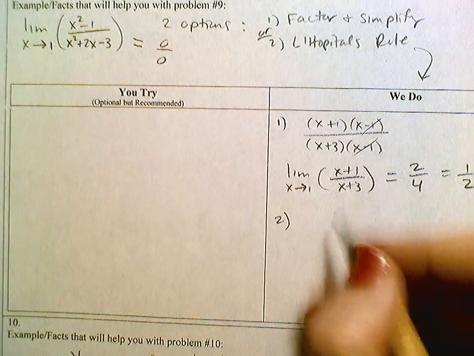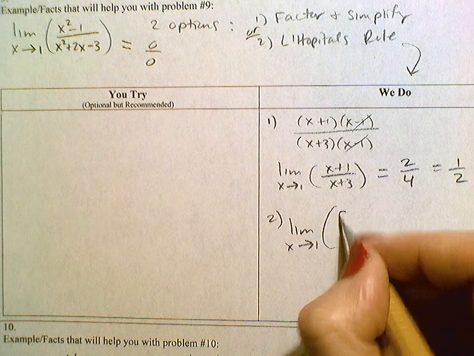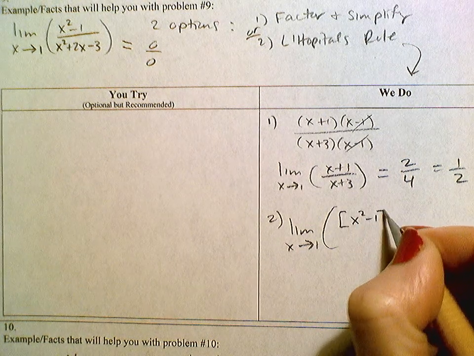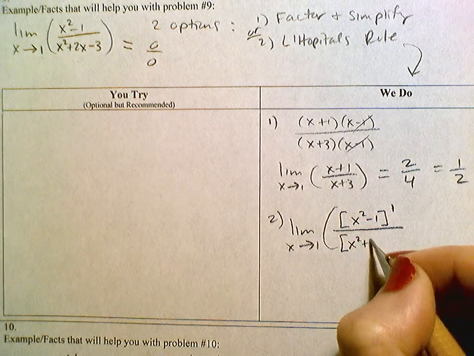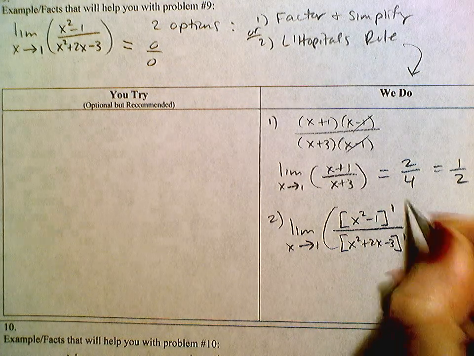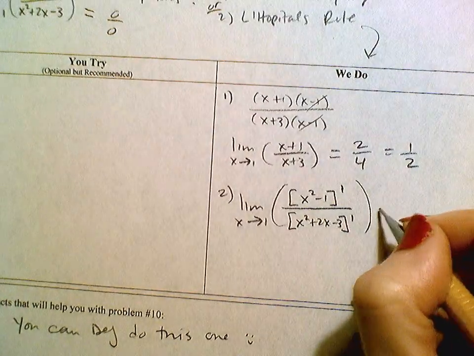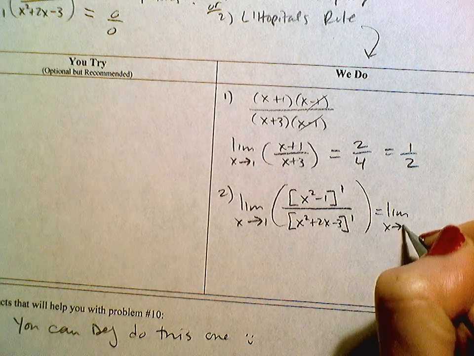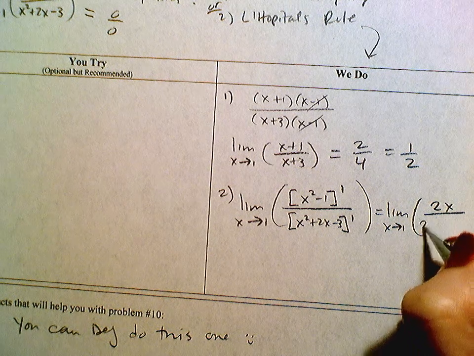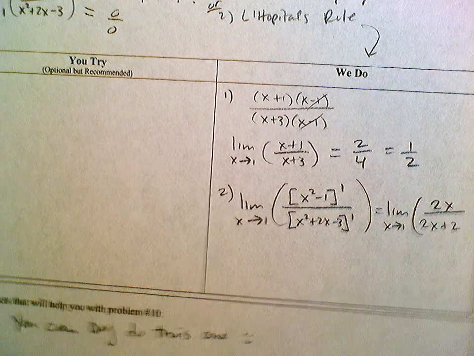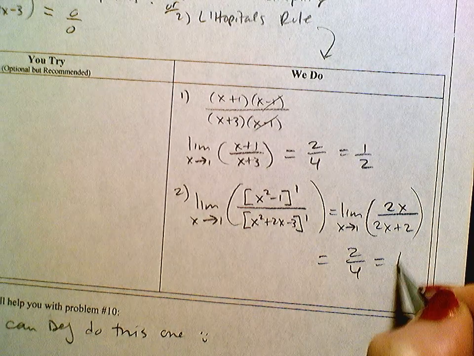This time, the limit as x approaches 1 of the derivative of the numerator over the derivative of the denominator, which is 2x over 2x plus 2. And it works. You direct substitute again, and you get 2 over 4 equals 1/2.